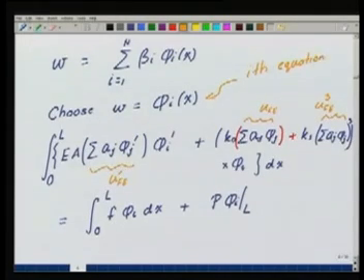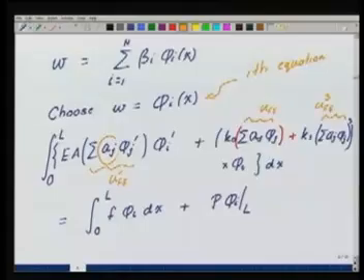This ith equation is no longer linear in terms of these coefficients a_j. Here it is linear, this part is linear, but here it will be a cubic in terms of the a_j. So this is nonlinear in terms of the a_j.